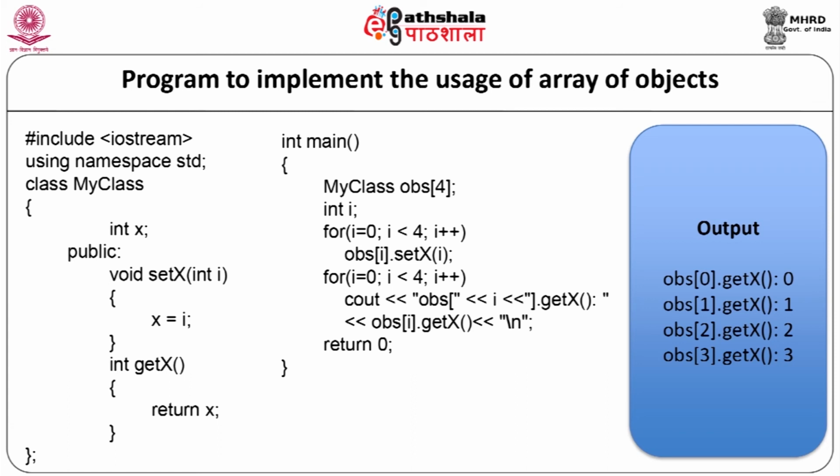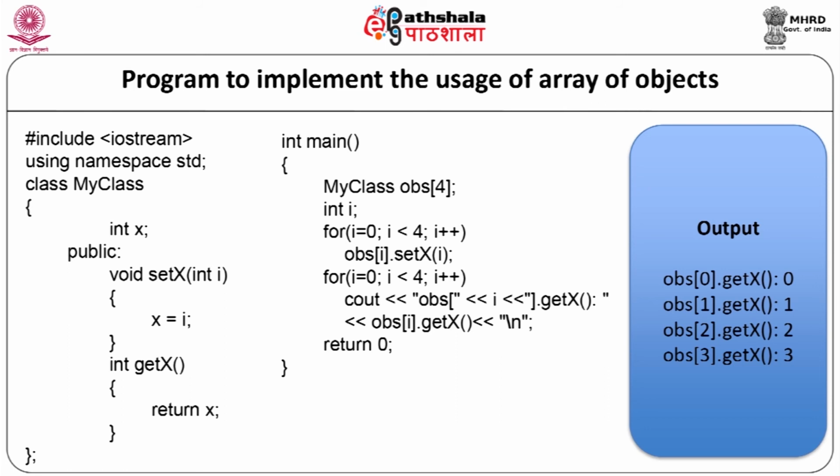Now, we will start with our main function, int main. We will declare the array of objects as MyClass obj[4]. So, here an array of 4 objects is declared, int i. For i = 0, i less than 4, i++, obj[i].setx(i).